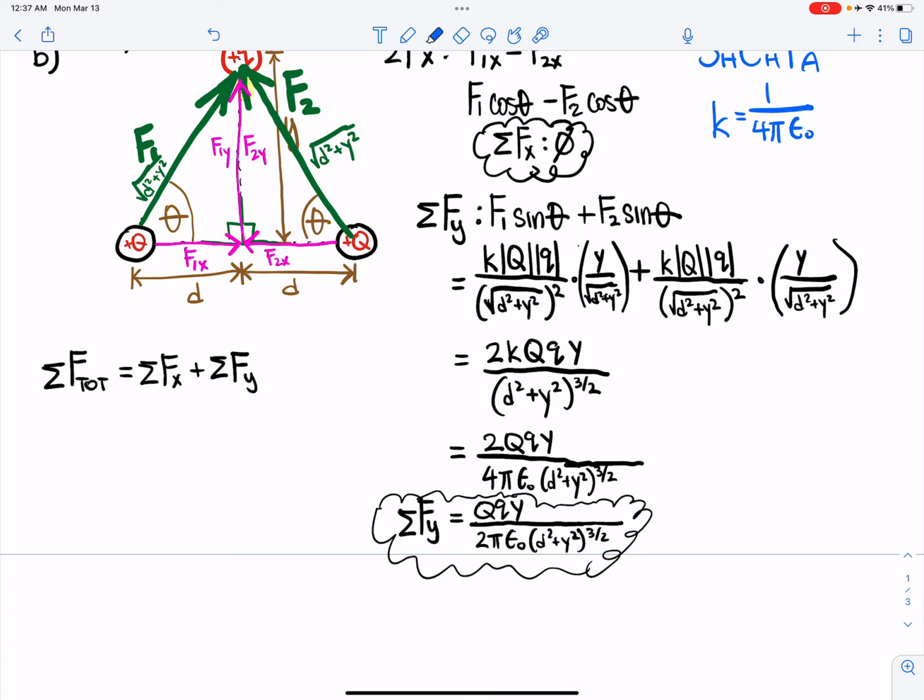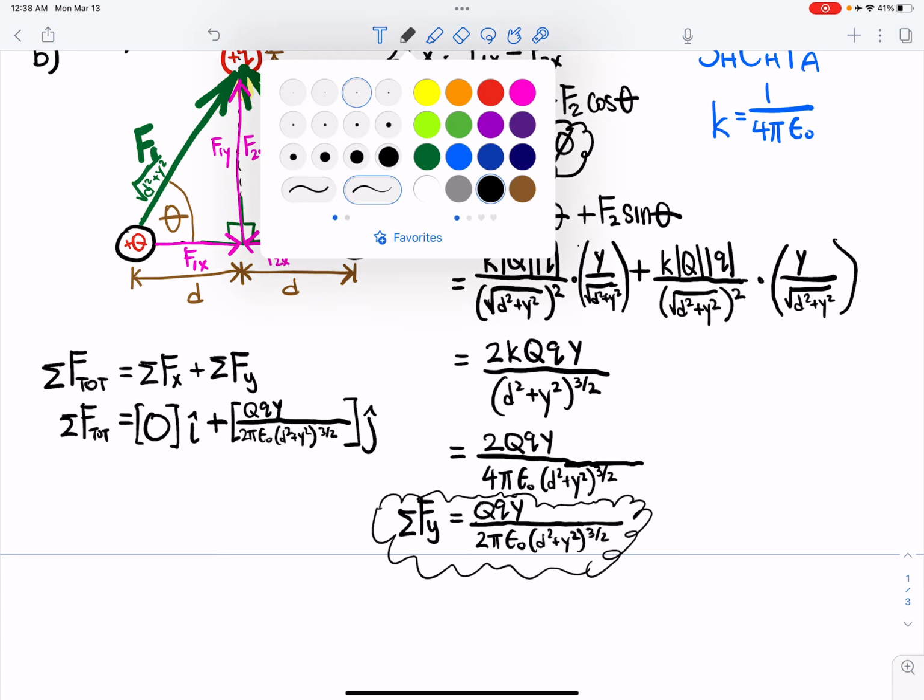And again, as we mentioned, the sum of forces along my x component is 0, so that will be F total is equal to 0 i plus Qqy divided by 2 pi epsilon naught times (d squared plus y squared) to the power of 3/2 along j hat, or along y.